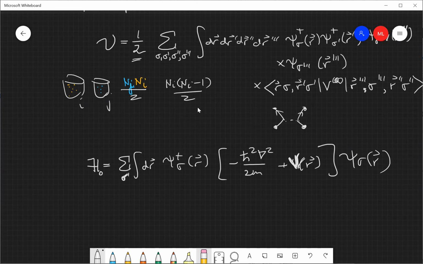So that's that. You would do this in an advanced solid state condensed matter course. This would be the starting point. You'd go on from there, but it's outside the scope of this class.